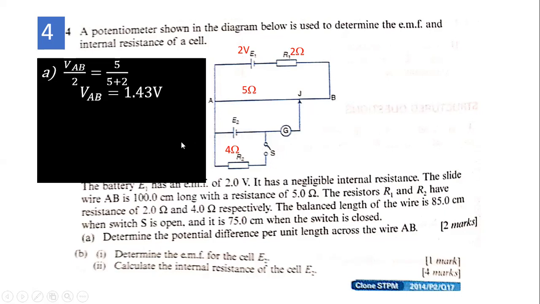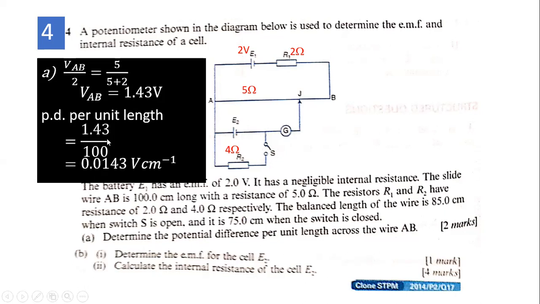Then you can find your EMF. So you want to determine the potential difference per unit length. You just divide this one by the balance length. Right? You have 1.43 over this whole length, so you divide by 100. So that's what you get.